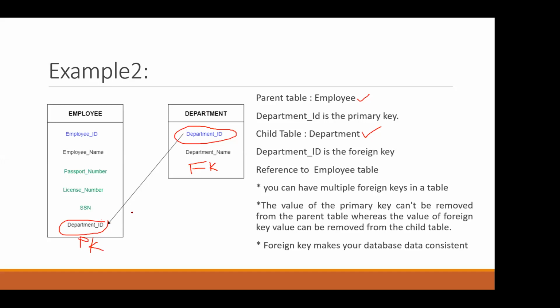Here you have to understand some important concepts. In the child table, that means the department table, there can be multiple foreign keys. Suppose we have some other table with department name as a primary key, then you can give a reference to connect that table also.